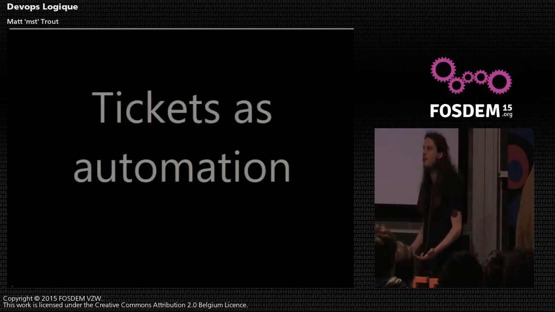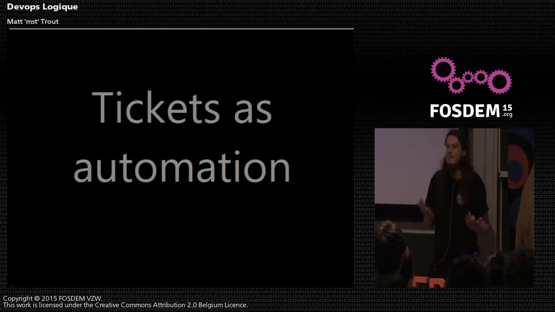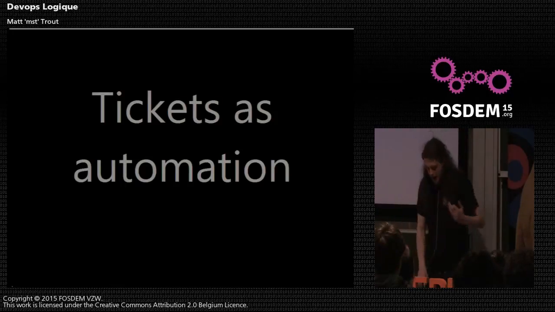Because tickets are a valid form of automation in a lot of respect. You know, if you're dealing with real hardware, somebody has to go and rack the thing. And software cannot rack a server yet. Okay, yes, cloud, not the point.